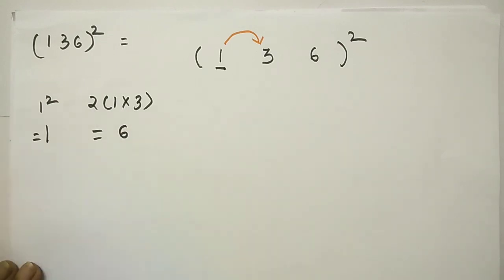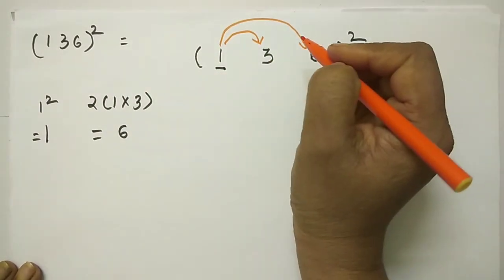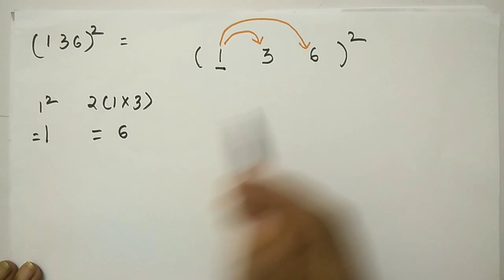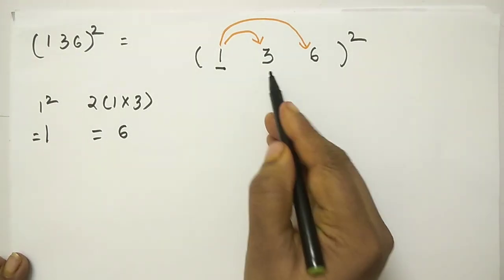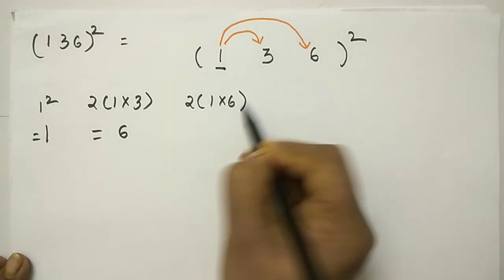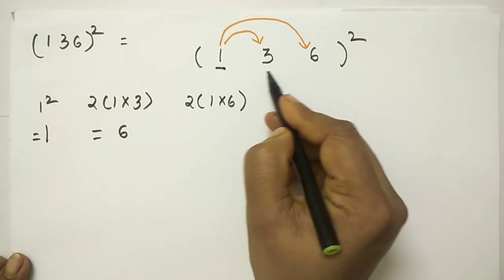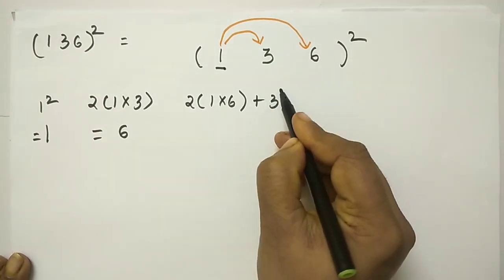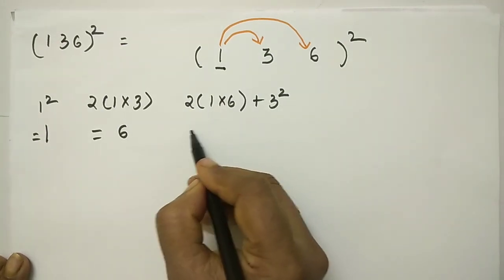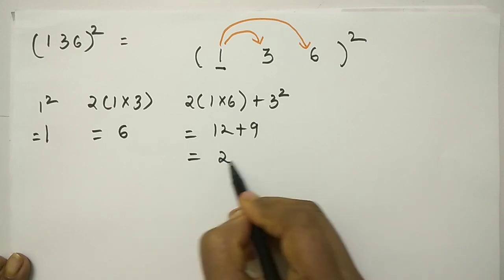Next, you have to multiply these 2 with 2, but in the middle you have the number 3. So you have to write 2 into 1 into 6, and since in the middle there is a number, 3, you write the square of that number. 3 square. This is equal to 12 plus 9, which is equal to 21.